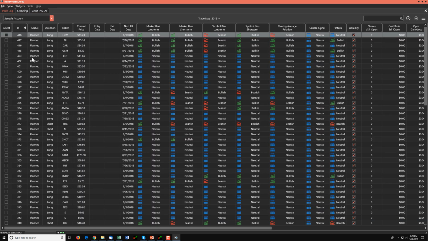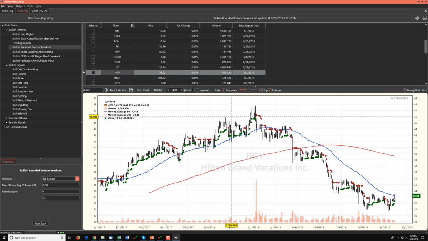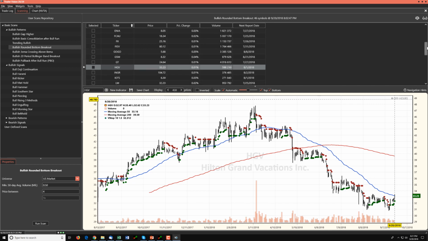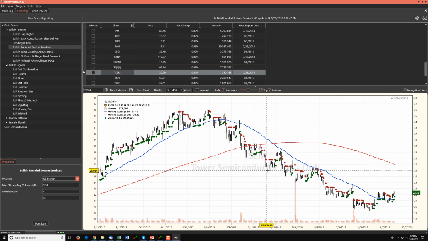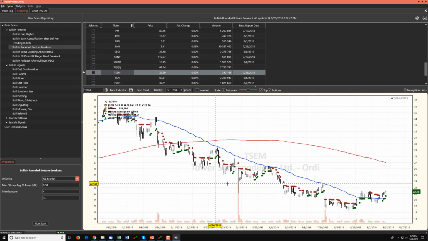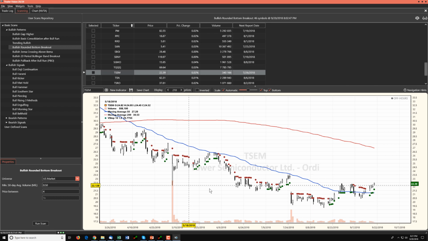One last trade that I picked out, and then maybe we'll take a couple of your tickers. Let's see. TSM, Tower Semi. Again, a nice rounded bottom breakout. The 50 has flattened out and started to move.